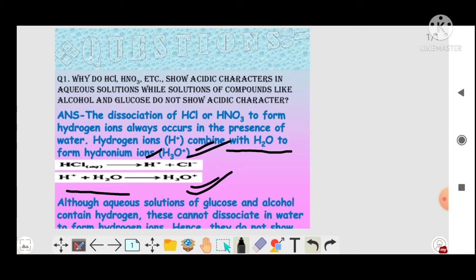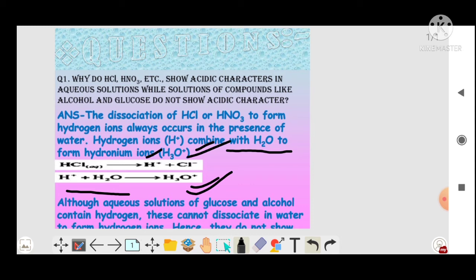Although aqueous solutions of glucose and alcohol contain hydrogen, it cannot dissociate in water. Glucose and alcohol cannot dissociate in water to form hydrogen ions.